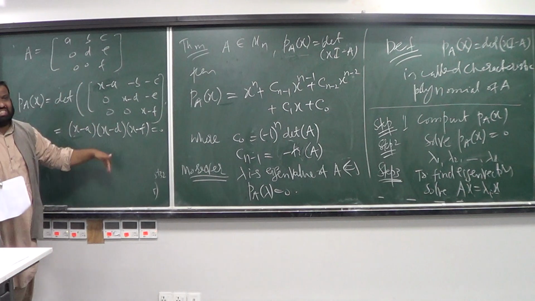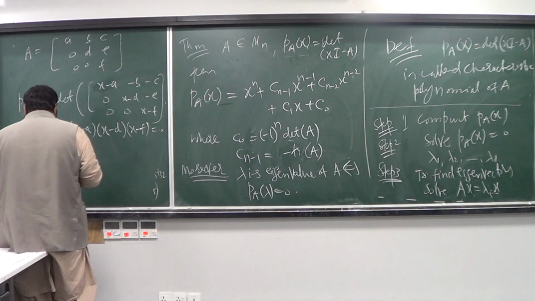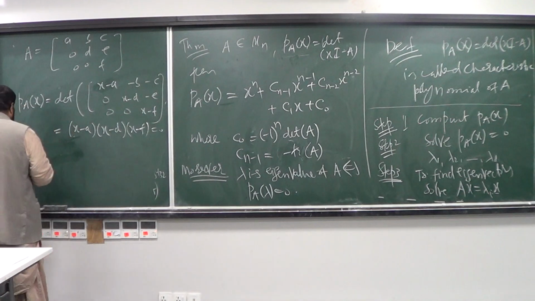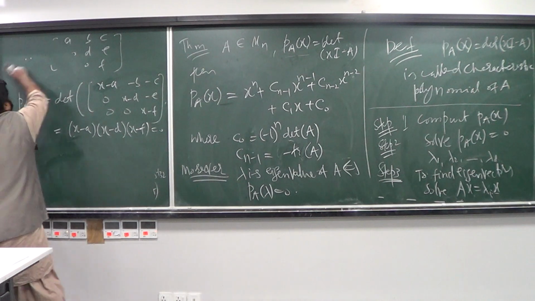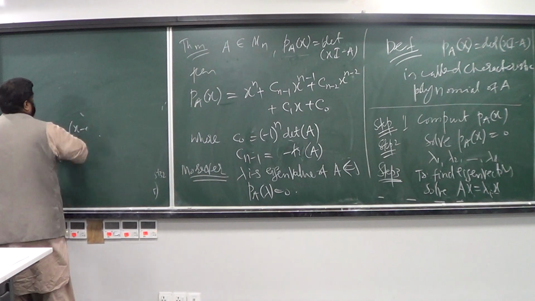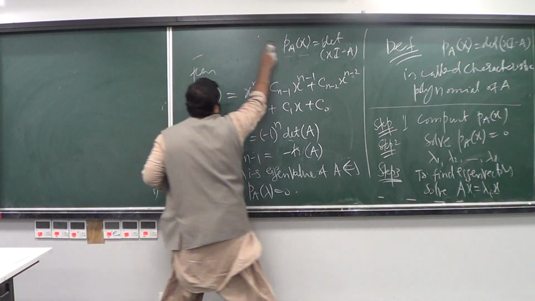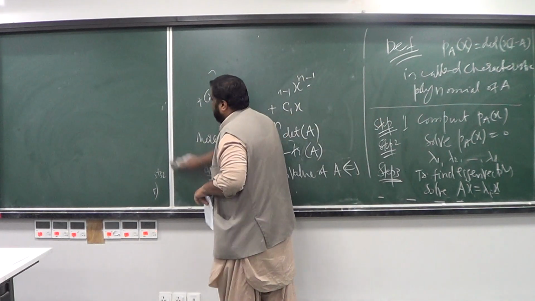Its diagonal entries are really the eigenvalues of the matrix. This is an interesting conclusion.